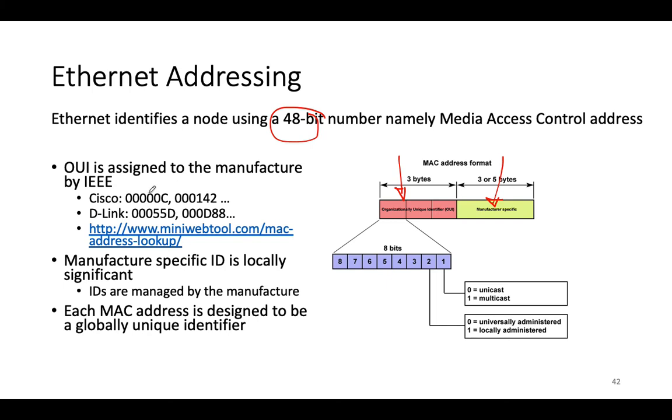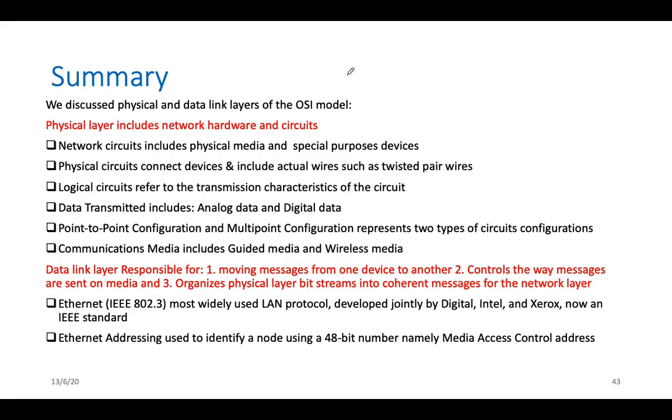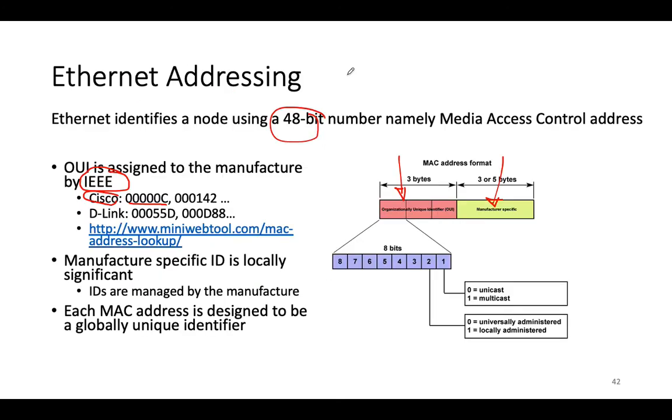Those are usually issued by the IEEE to the company. For example, if you look at a Cisco network card, you will find that number at the beginning, as you can see over here.